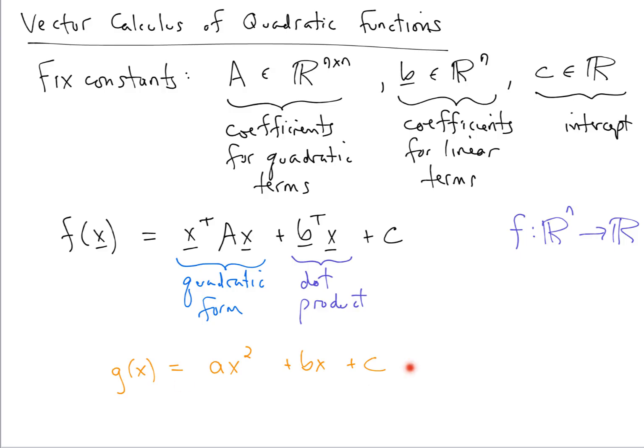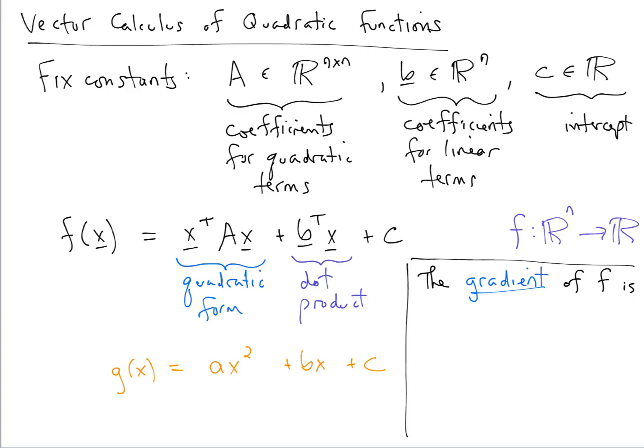Now, when we think about ordinary calculus with a quadratic, the first derivative and the second derivative are nice. And so we want to define the vector calculus versions of the first and second derivatives of f. The vector calculus version of the first derivative of f is called the gradient of f. This is something that we typically learn about in our first course in multivariable calculus.